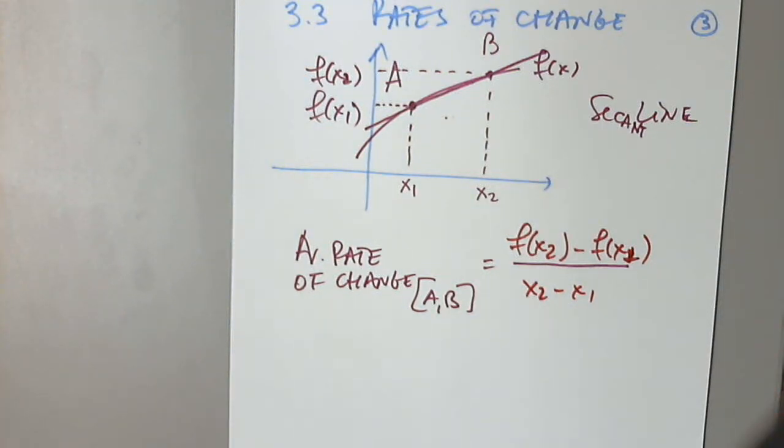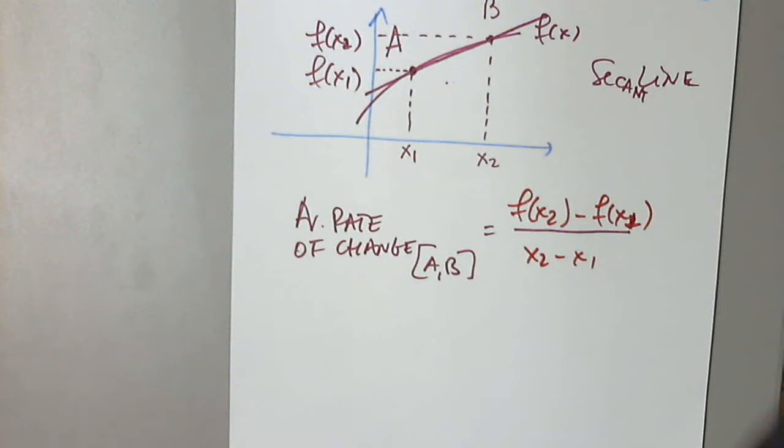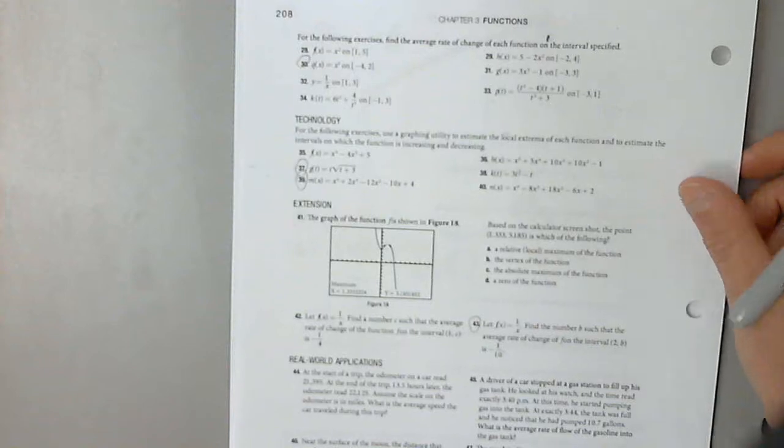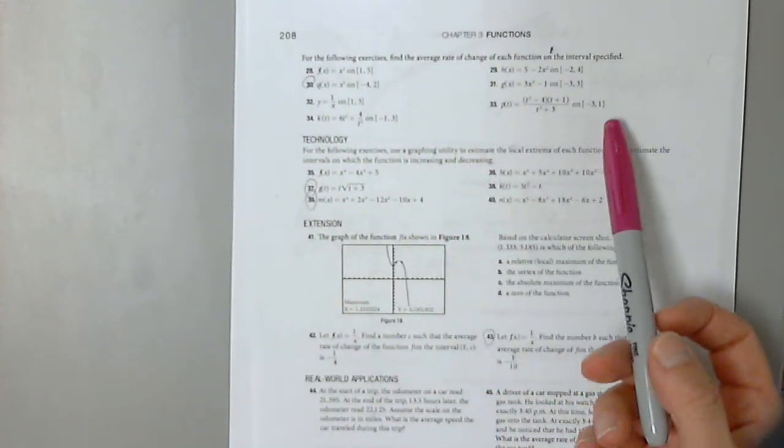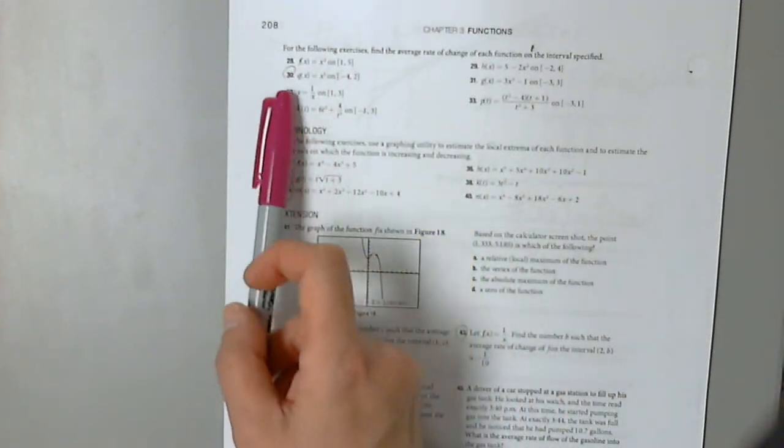Okay, so let's pick a function. I like to practice this just on a simple function. And I'm looking in our book to see if they give us a simple function, and they do. Here it is. Please choose any function you want. They indicated 30, but we can choose any.